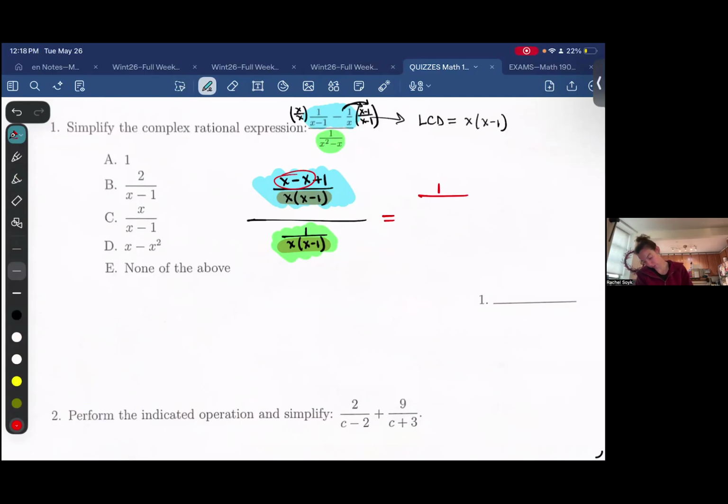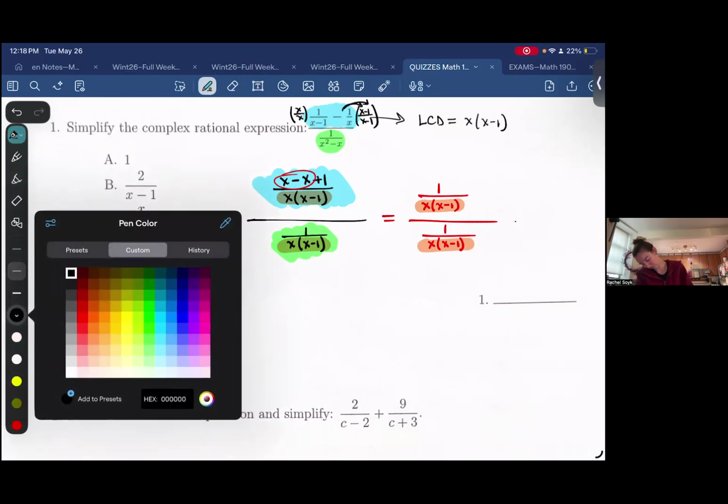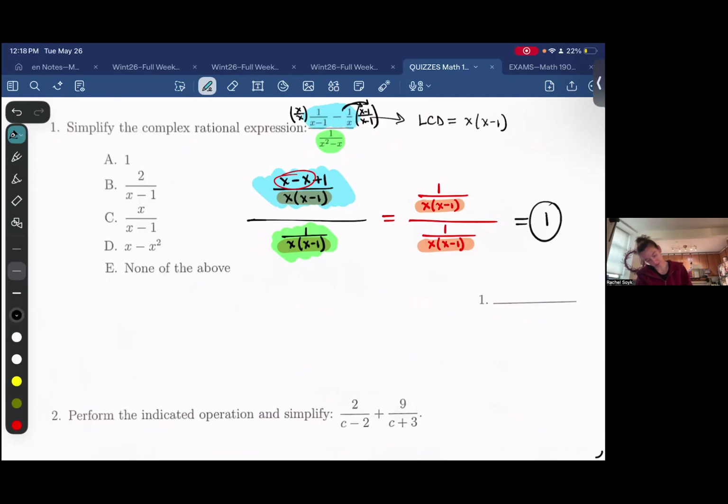So we have 1 over x minus 1, all divided by 1 over x minus 1. That just ends up giving you 1, right? As your answer, the same value divided by the same exact value. So answer choice A.